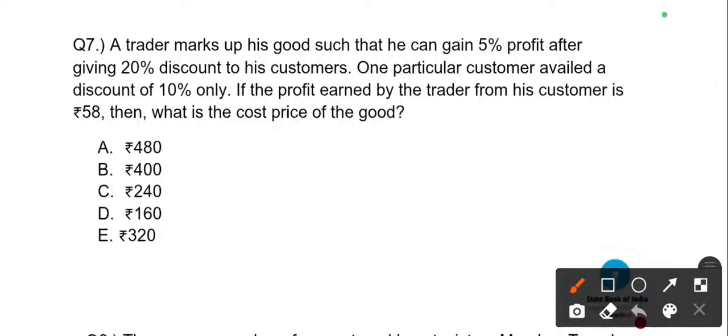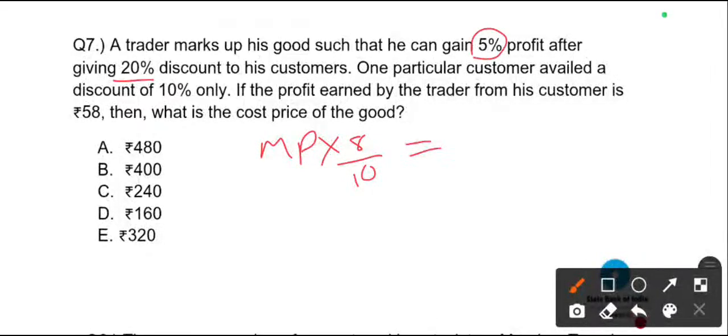So if MP is the market price, 20% discount means it sells at 8 by 10 of MP, and on the selling price it gained 5%, means 105 divided by 100 of cost price. Okay, so we can get the ratio of MP by CP. So the zeros cancel.